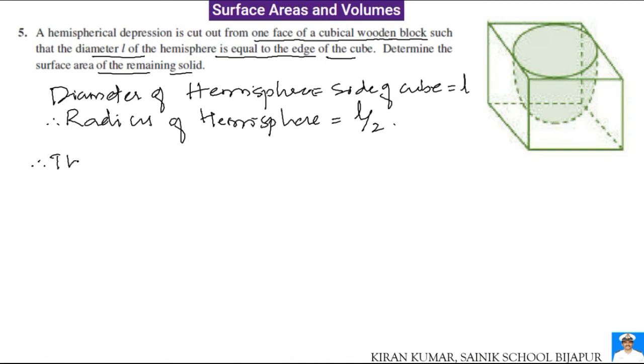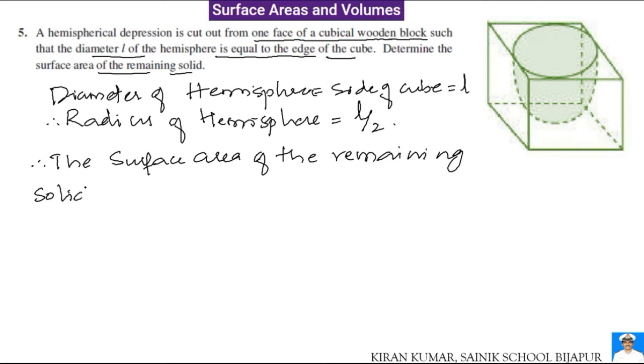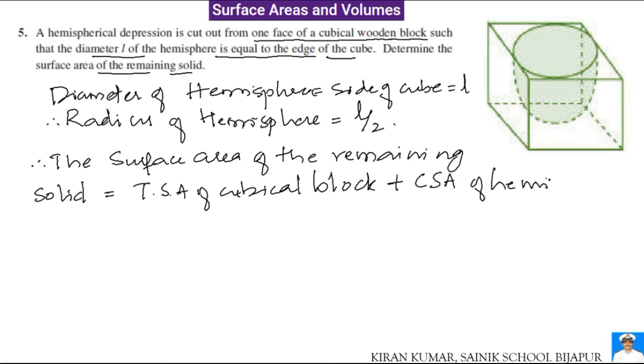Therefore, the surface area of the remaining solid will be equal to the total surface area of cubical block plus the curved surface area of hemisphere minus the area of base of hemisphere.